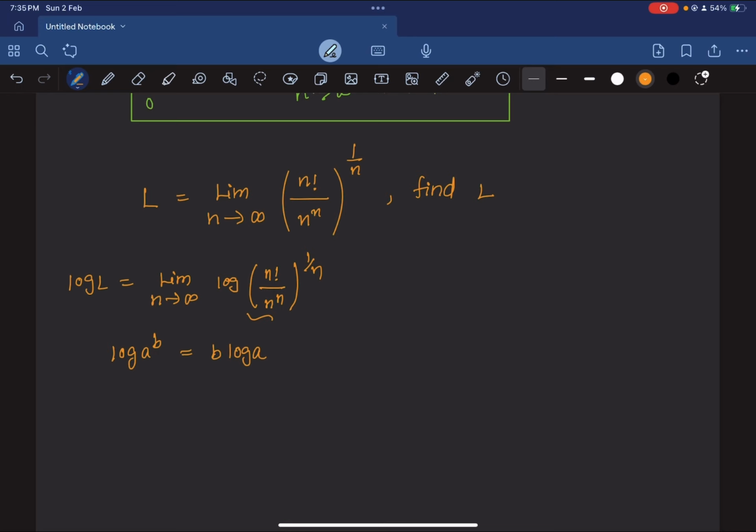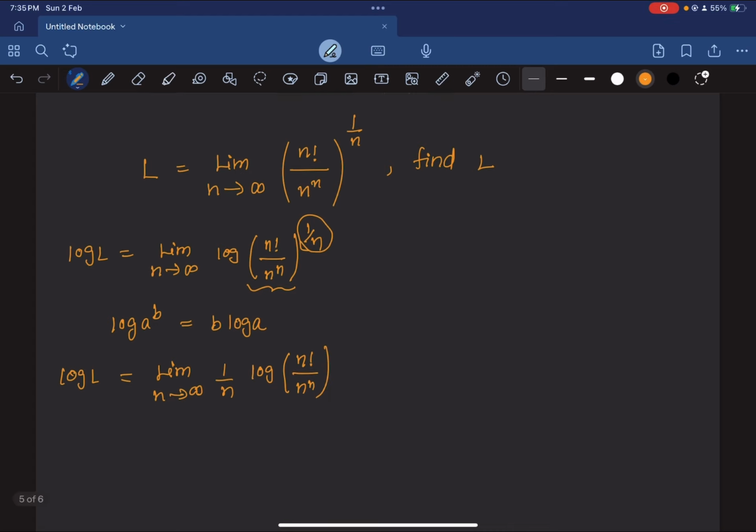So here this is your a and this power is your b. So log L is simply limit n tends to infinity of b times log a. Your b is 1 by n times log of n factorial by n to the power n.